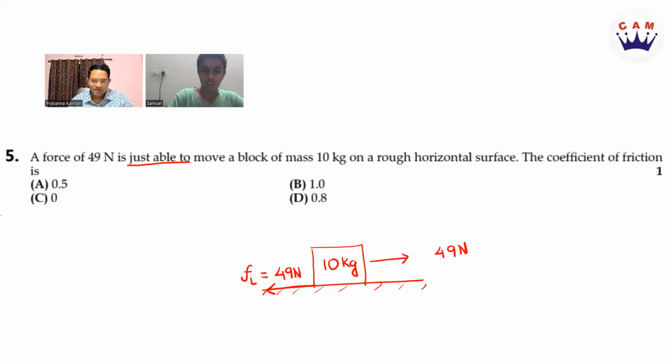And we know the relationship between friction and normal reaction. What are the forces acting on this 10 kg block in the vertical direction? Mg acts downwards, and N acts in the perpendicular direction. Both values are equal, so N is equal to Mg.